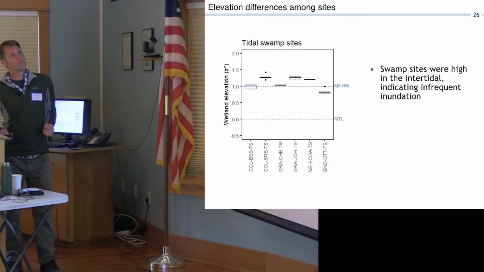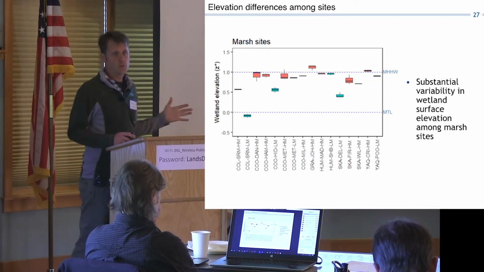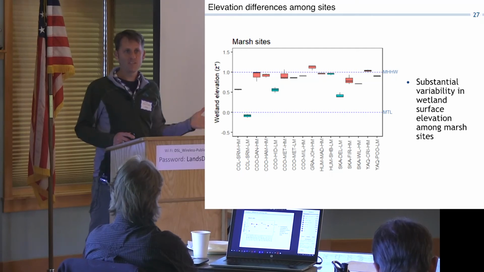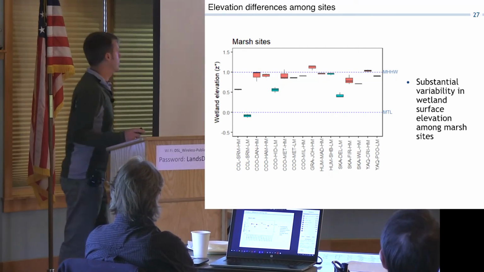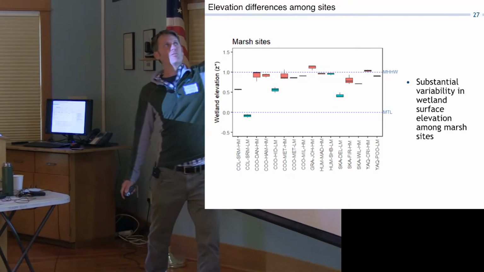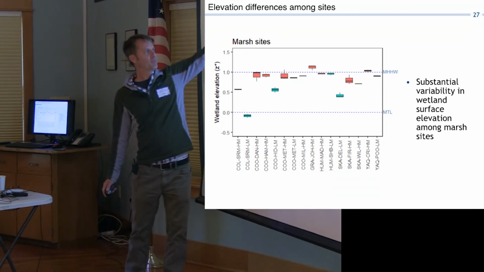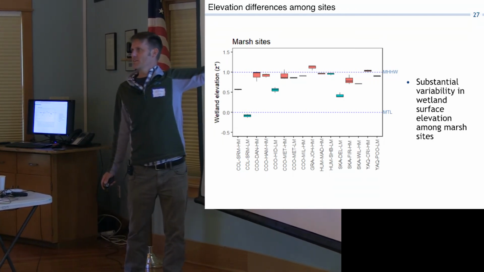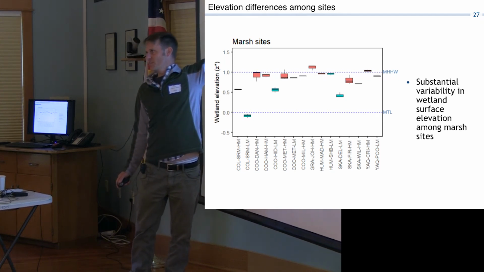And then these are the elevations for the marshes. We planned to sample both low and high marsh. I think what we found is that you can do one thing on the computer, and then you go to the field and actually measure what you measured. We found that we had really a range of elevations across our marshes. This one surprised me in particular. The Secret River low marsh site is actually below mean tide level, so it's flooded a lot.